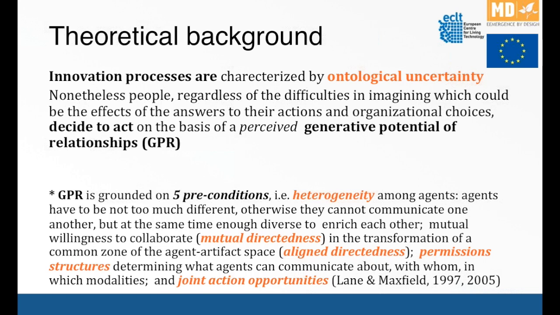And then in these kinds of processes, there has to be at least the opportunity for joint action, because if there is not this opportunity, people won't really have the opportunity to go into the agent-artifact space and try to change it. So these are the main bases of the MD project.